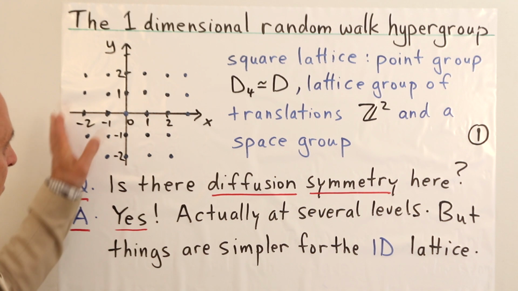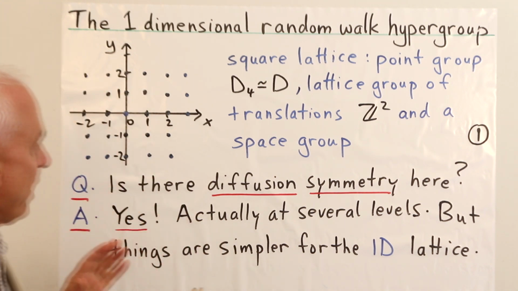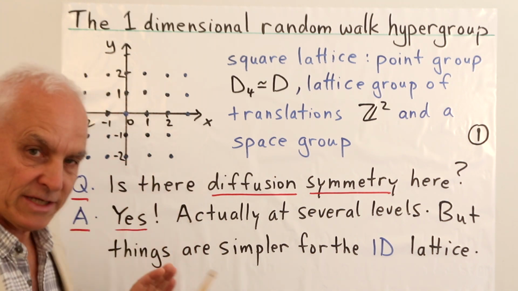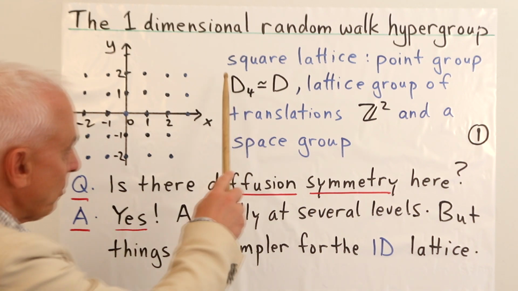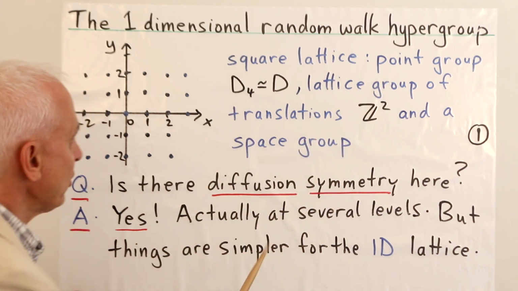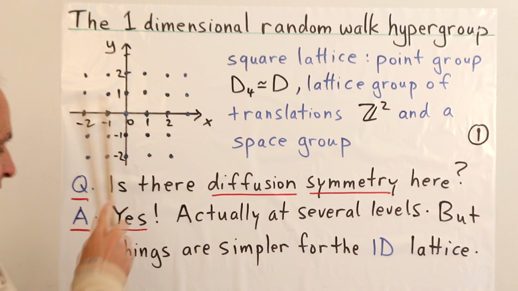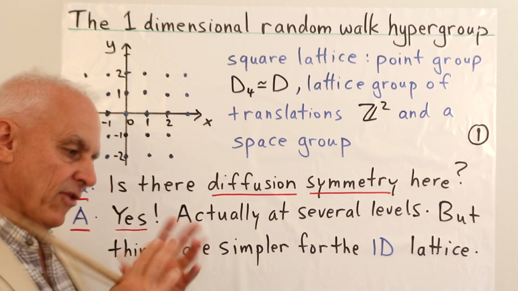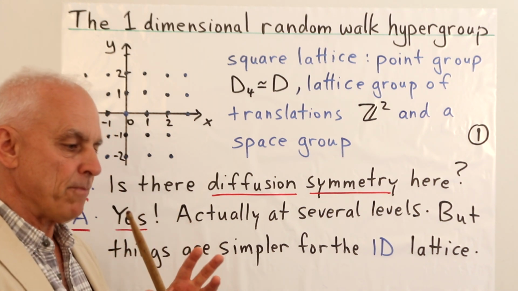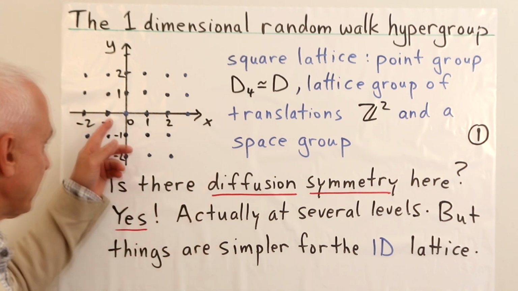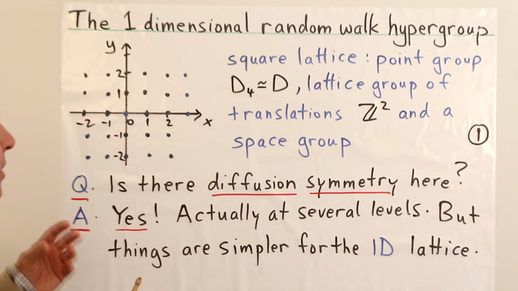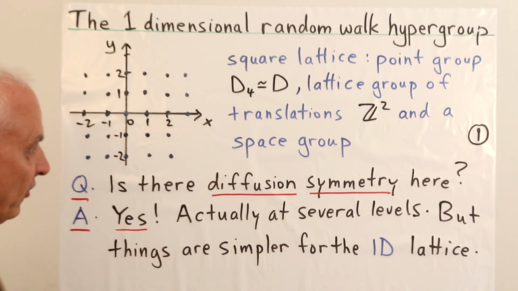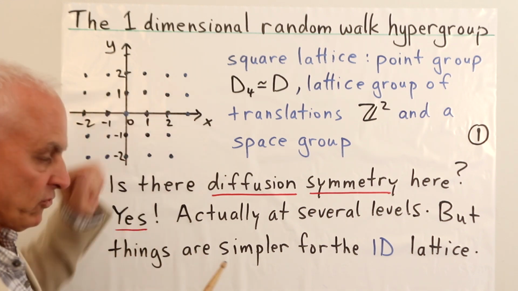Okay, so let me just remind you, with the 2D lattice, we identified that the traditional symmetries of such a thing, in terms of group theory, involved a point group. So if we specify one point, say the origin, then we could talk about the symmetries of the object which maintain that particular point. That's a finite group, which in this case we call D4, or just D. And then there was a lattice group of translations.